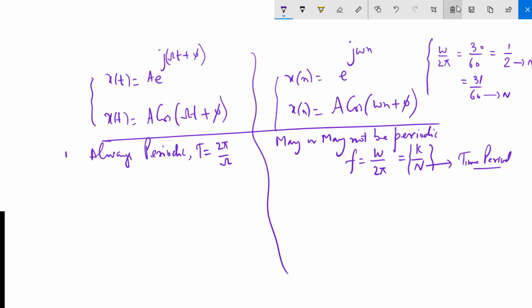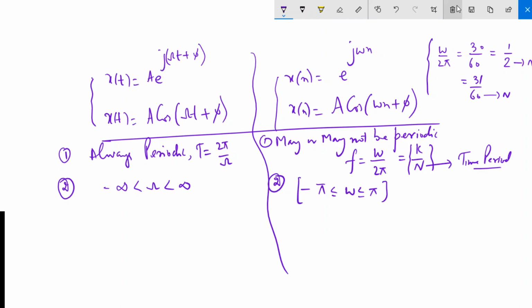This is one difference. The second difference that we have studied is that the continuous-time signals have infinite bandwidth, and the discrete-time signals have their frequency limited to a band of 2 pi only, so minus pi to pi.